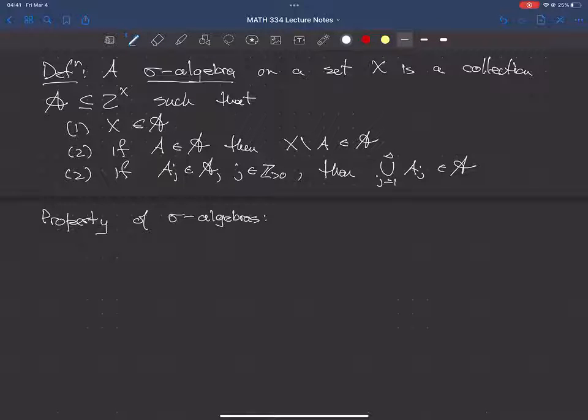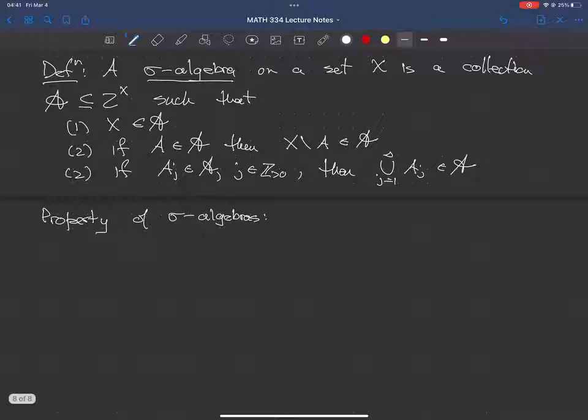There are others, but there's only one I'm going to be interested in, and it's an analogous property to property 3. It's not only that countable unions are preserved, but also countable intersections.